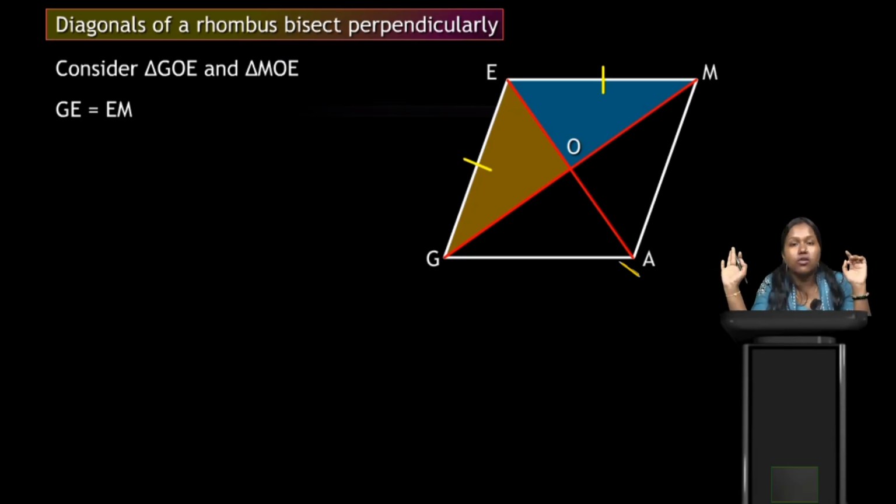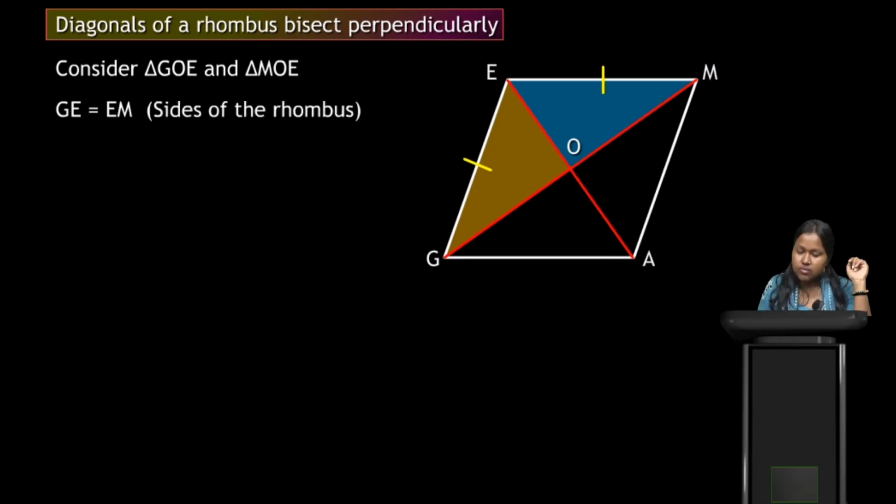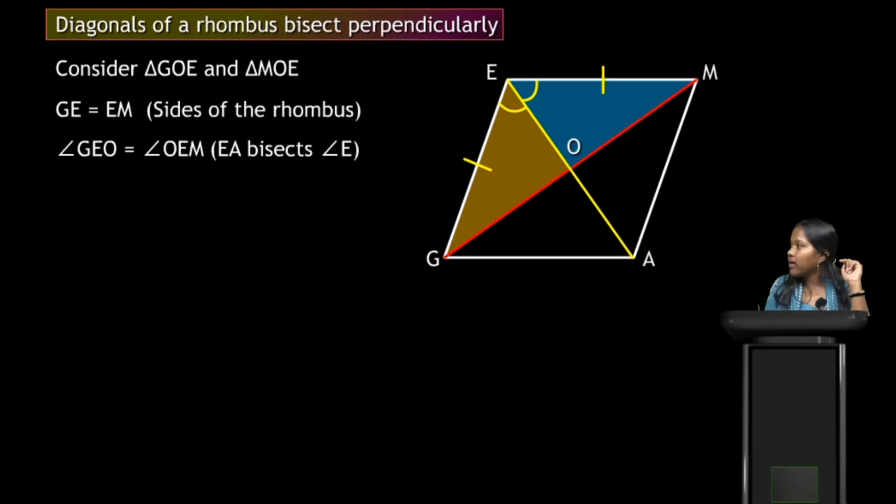Of the quadrilateral is a rhombus, and we know that all the four sides of a rhombus are equal in length. That means GE is equal to EM. Now here you see, if we took GEO, it bisects.